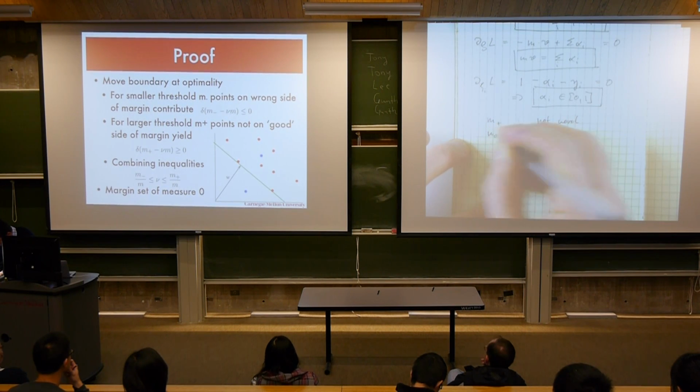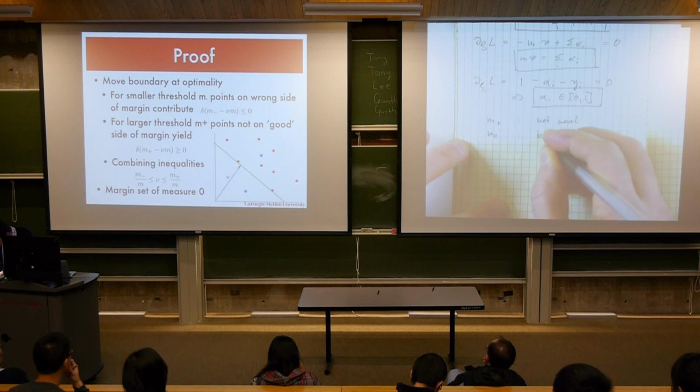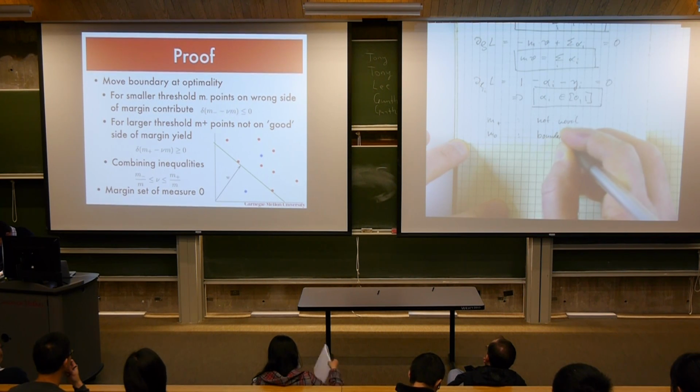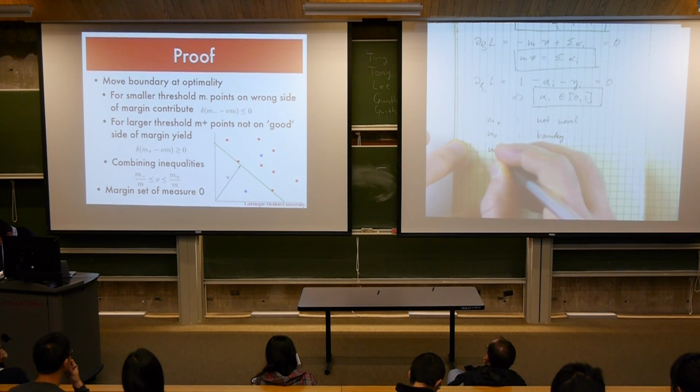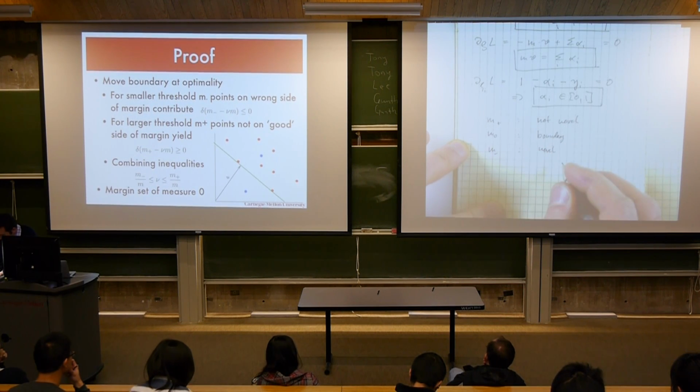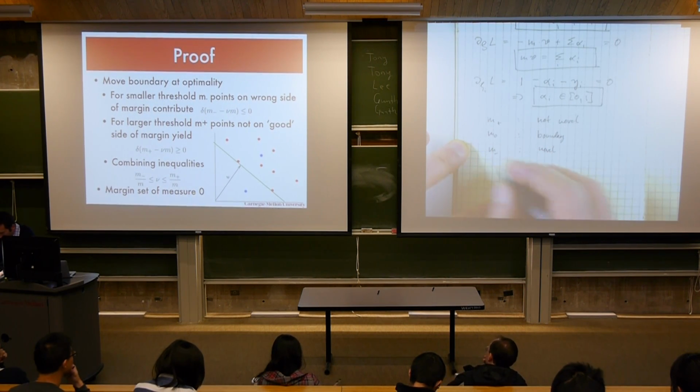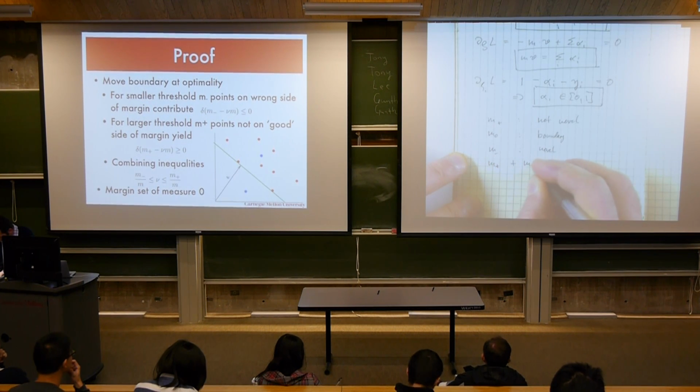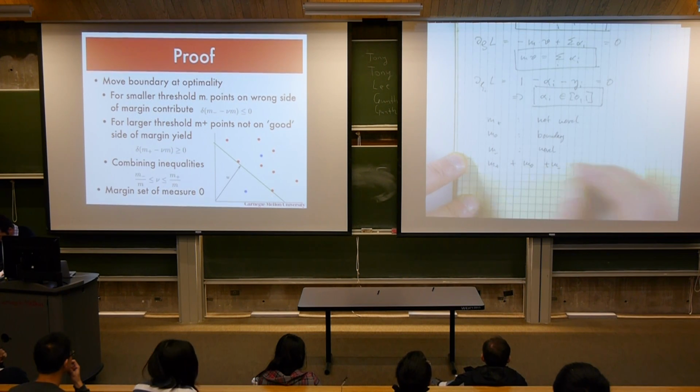I have the m zeros, which are on the boundary. And I have the m minuses, which are novel. And of course I know that m plus plus m0 plus m minus equals m.